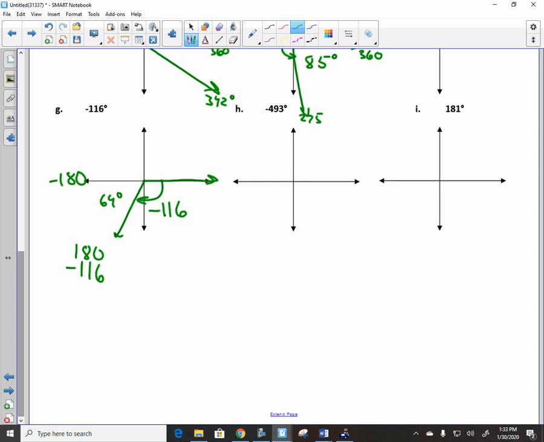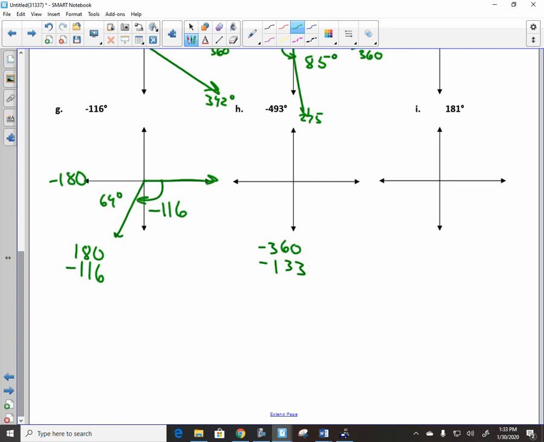493. Uh-oh. That's more than once around, isn't it? Isn't negative 493 the same as negative 360 and negative 133?